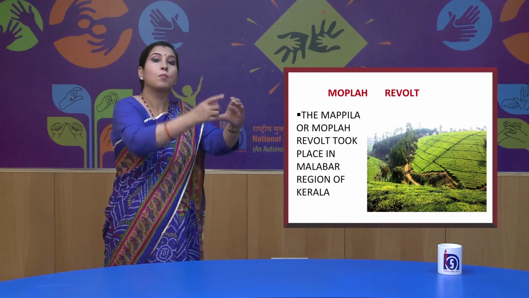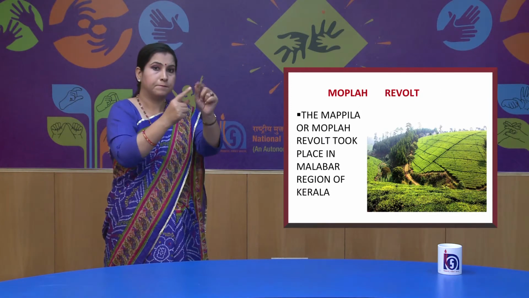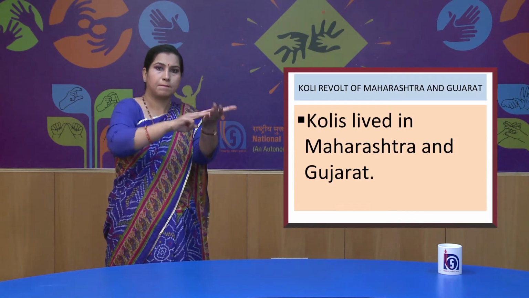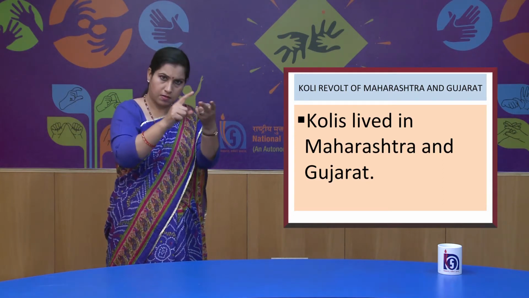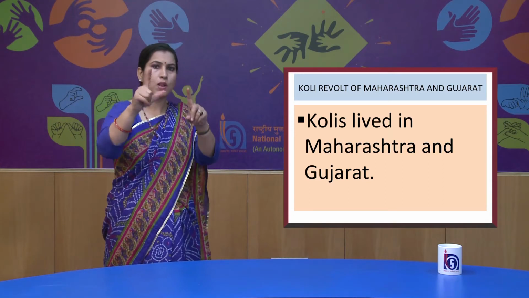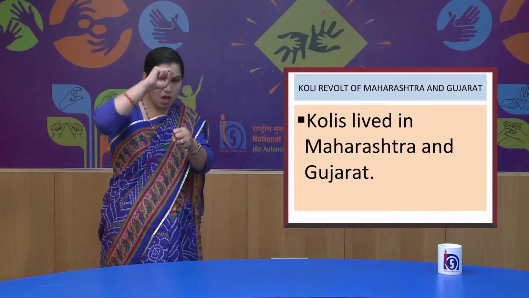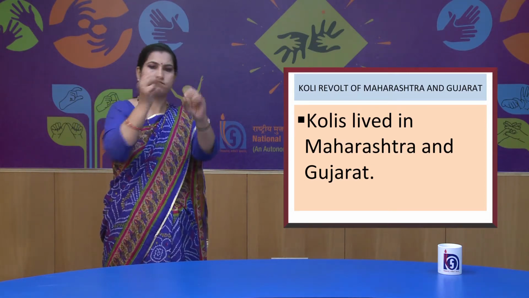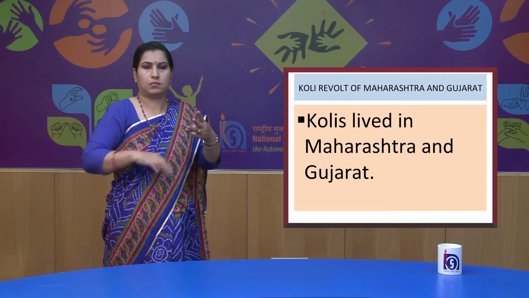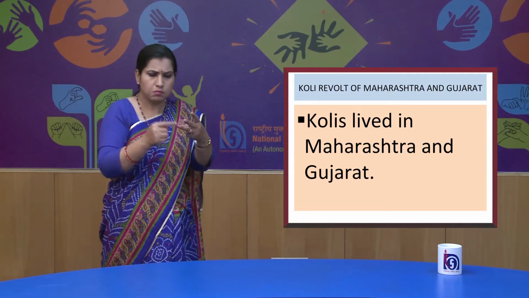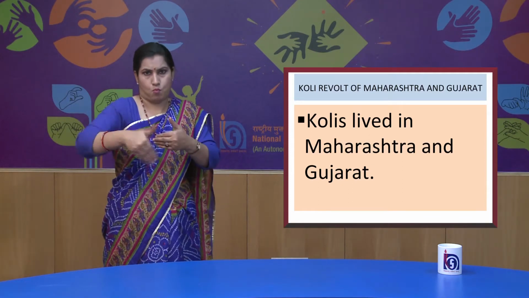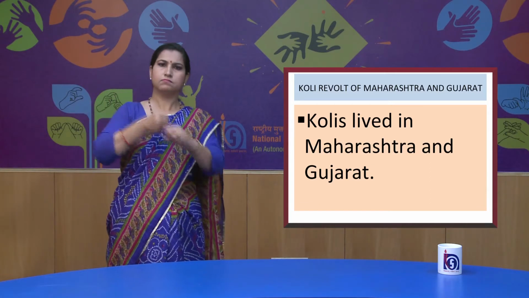Another group was the Mappilas in Malabar, and the Kolis in Maharashtra and Gujarat. Now, before moving further, let us try to know more about these people who openly revolted against the British.